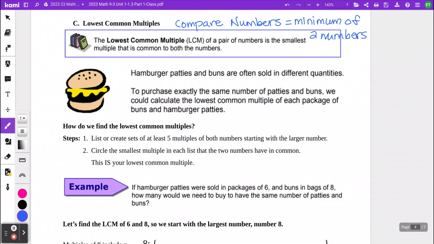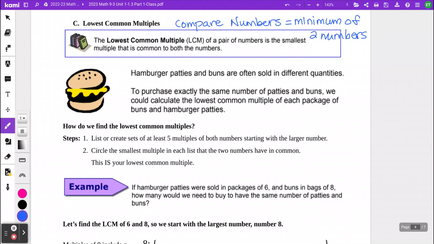So we have an example here that says hamburger patties and buns are often sold in different quantities. To purchase exactly the same amount of patties and buns, we need to be able to calculate the lowest common multiple of each package because they are sold differently. So how do we find the lowest common multiple? Here are our 2 steps.